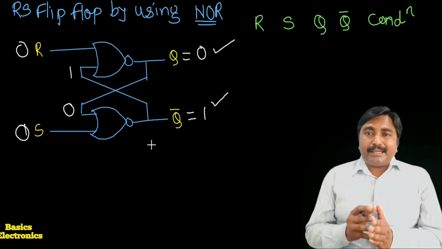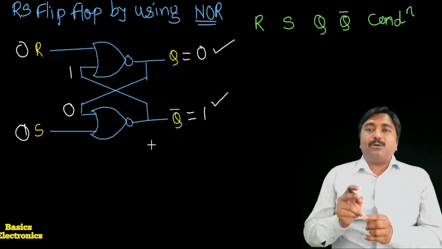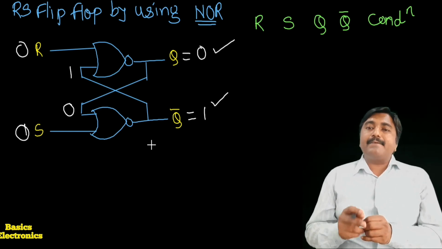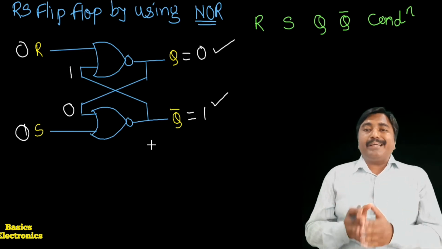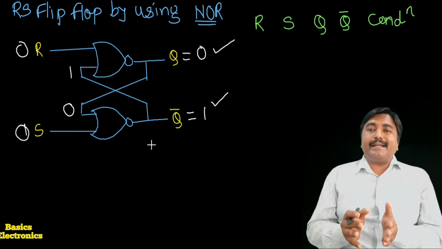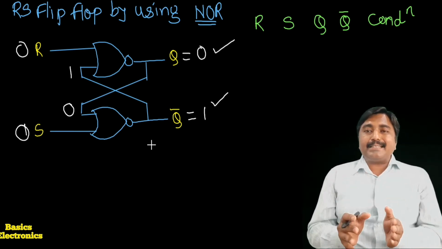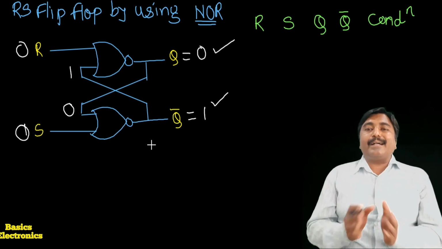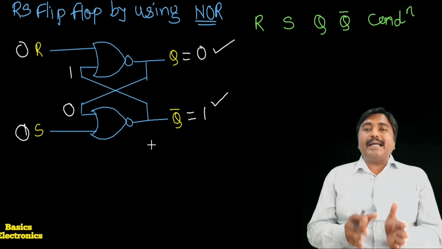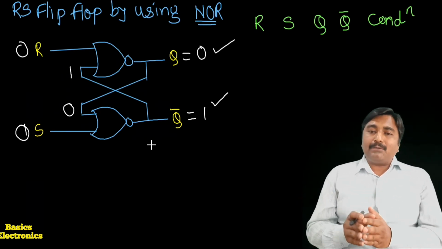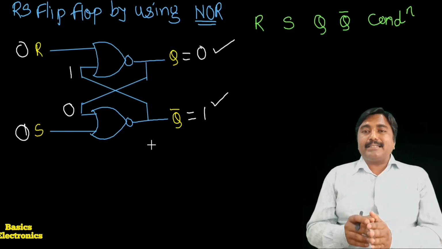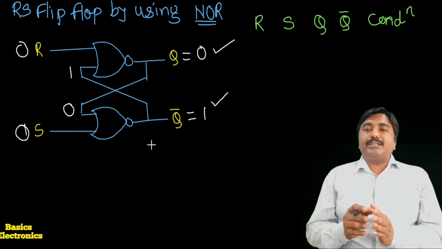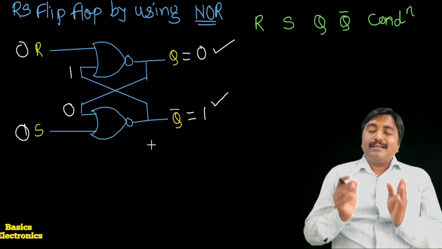Initially, before application of any input, the flip-flop was in reset condition. After application of the input, it retained the same state, so we can say there is no change at all when we apply the input R equals 0 and S equals 0. This condition we call the no change condition because it retains the last state.